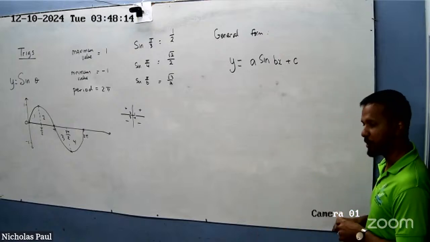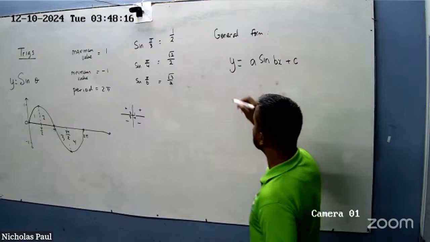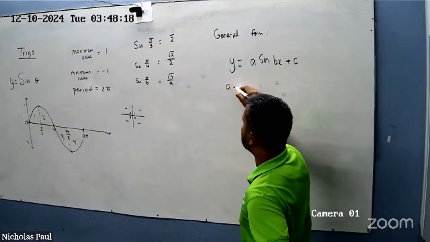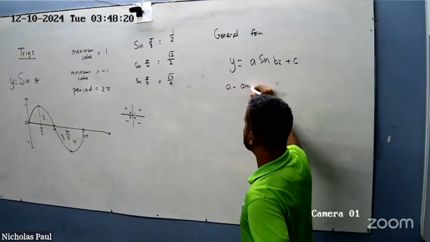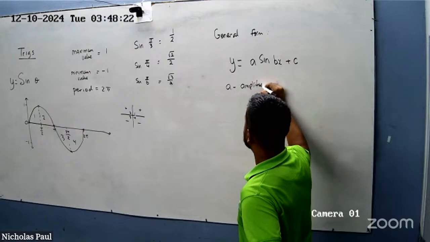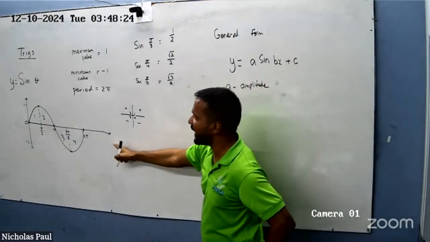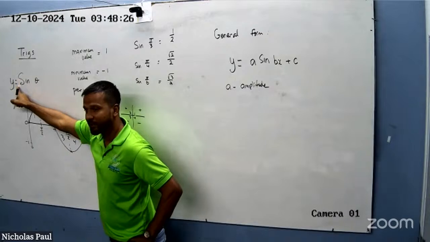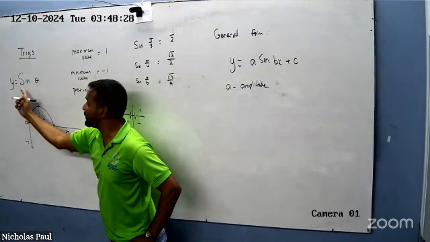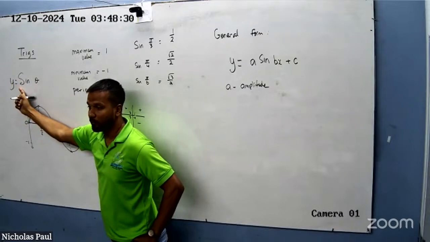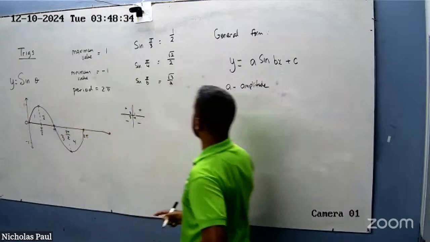From a transformation. Right? So A helps you find your amplitude. So in our example here, what was the amplitude? 1. So the amplitude was 1.